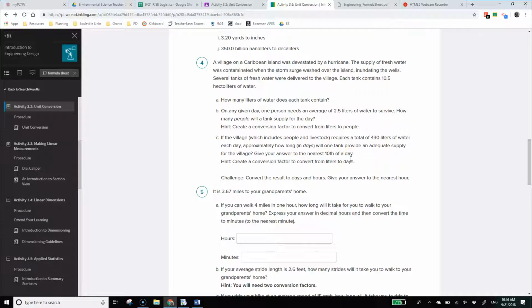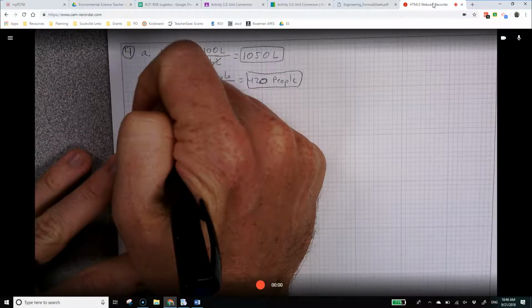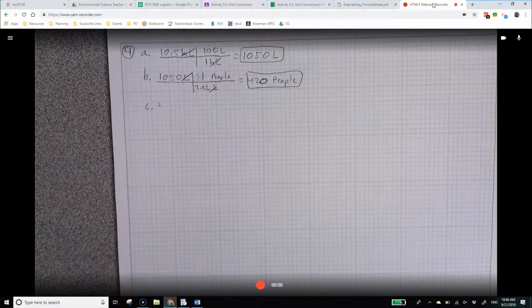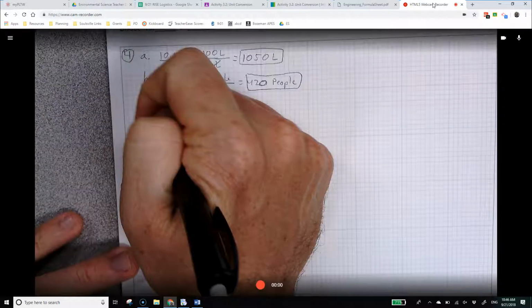All right, so I'm going to start out again with my one tank, which contains how many liters? One tank does not contain 430 liters. One tank does not contain 420 liters. We found this in number A. Yes. One tank contains 1,050 liters.